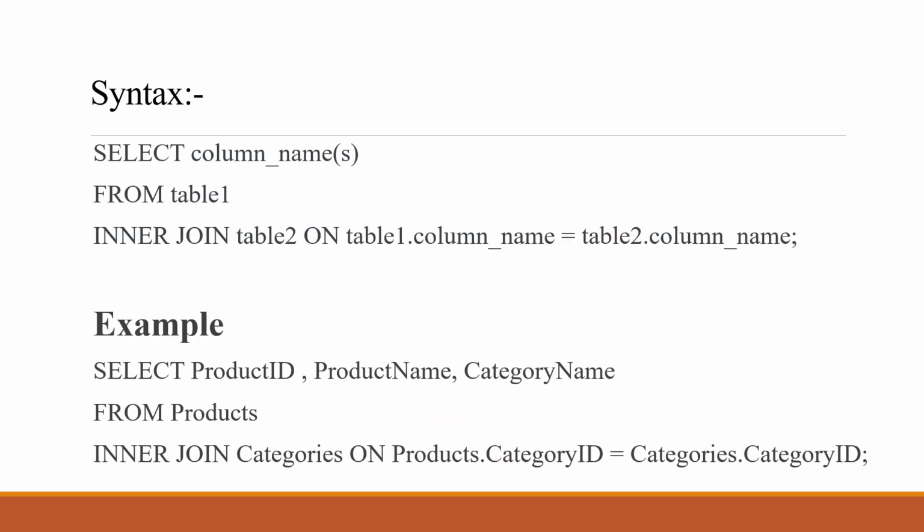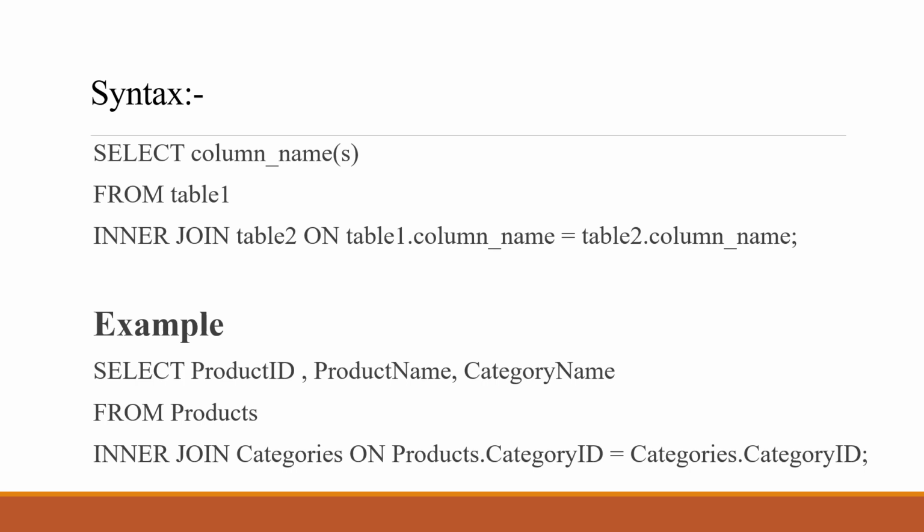This is the syntax of inner join. Select column name from table 1 inner join table 2 on table 1 column name is equal to table 2 column name semicolon. For example, table name is products.